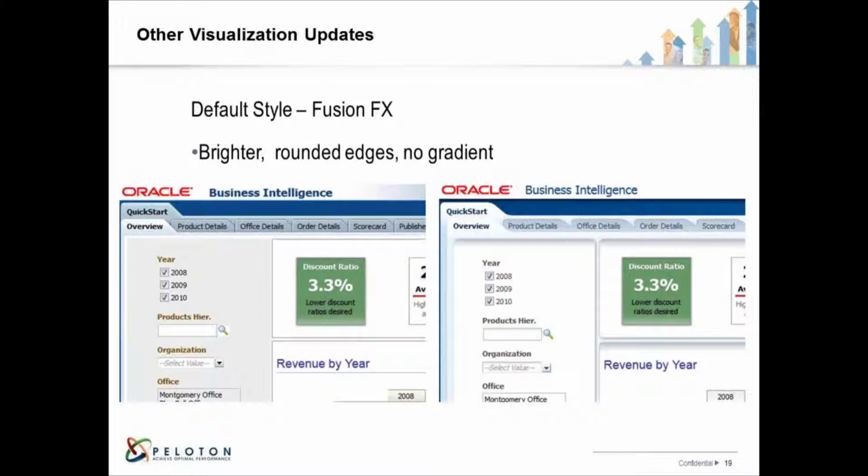It has a subliminal higher energy feel. The edges are rounded, so it loses a little bit of that 90s aesthetic, and there's less gradient in the toolbars, a little bit more shadowing around the boxes. It just feels a little bit more refined. It's amazing what a little bit of a color change, a little bit of a shadow does to the appeal of graphs, images, and information.